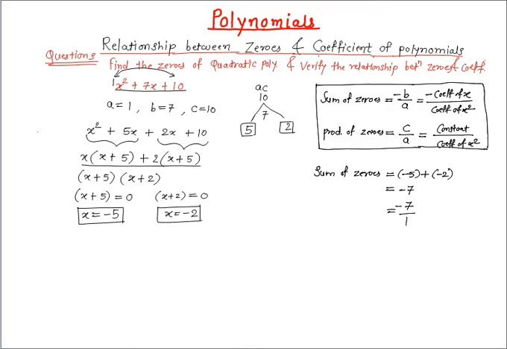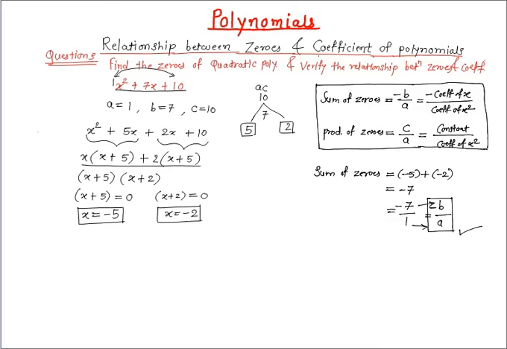Now, if you observe, 7 is the value of b, and 1 is the value of a. So we can write this as minus b divided by a. So now we have verified that sum of zeros is minus b by a. Sum of zeros is correct.